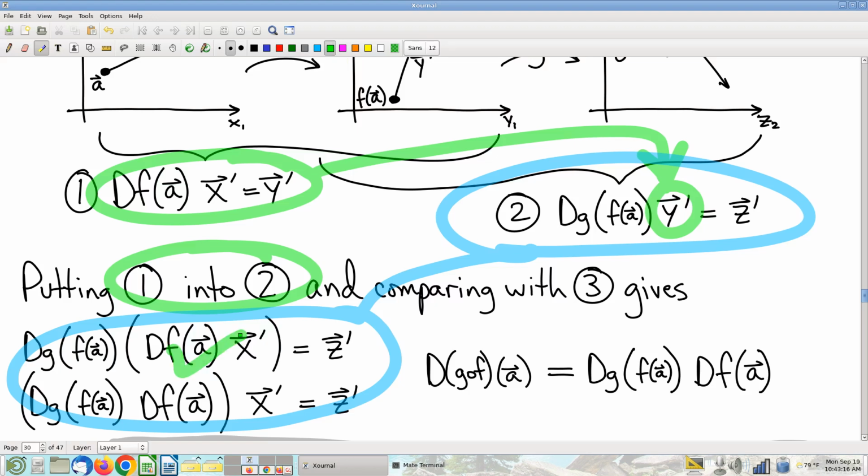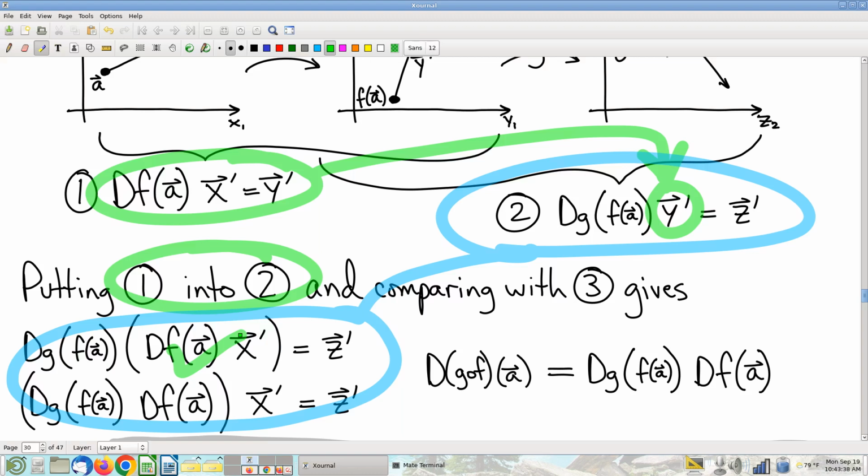And I've got a matrix times a vector, and associativity tells me I can reinterpret that as a matrix times a matrix, pause, times a vector. So associativity says you can pause wherever you want in that product.